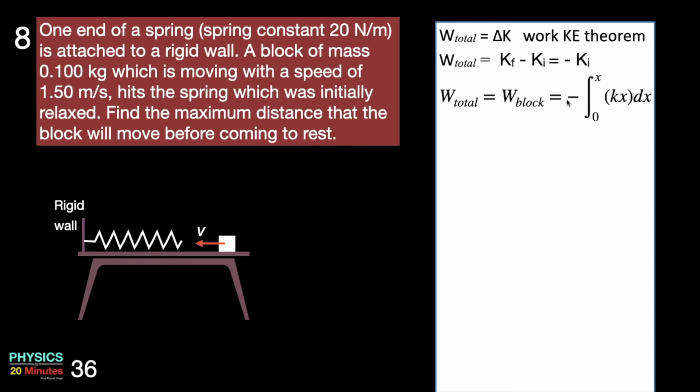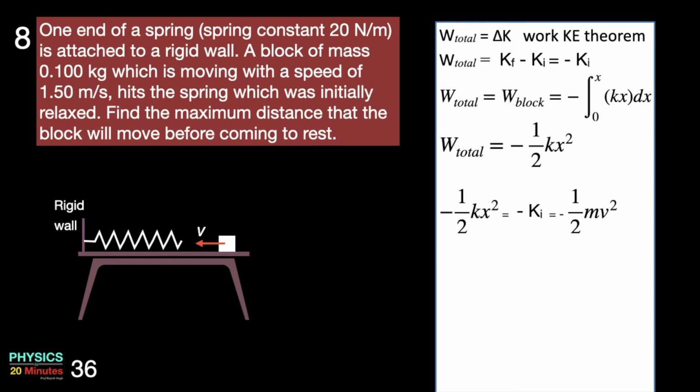So the minus sign will come here. Force due to spring is kx. You integrate it from 0 to x. You get half kx square. In fact, you write half kx final minus half kx initial. Initially x is 0, so this second part will vanish. So it will be minus half kx square.